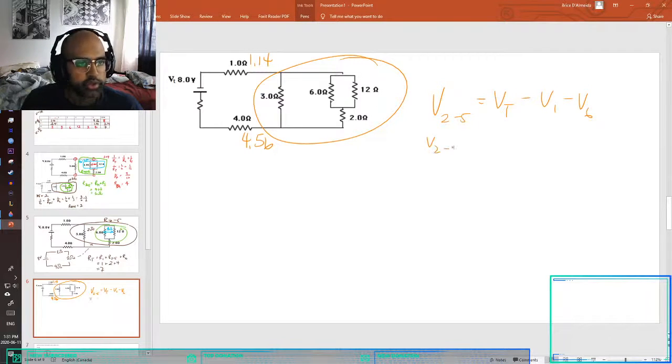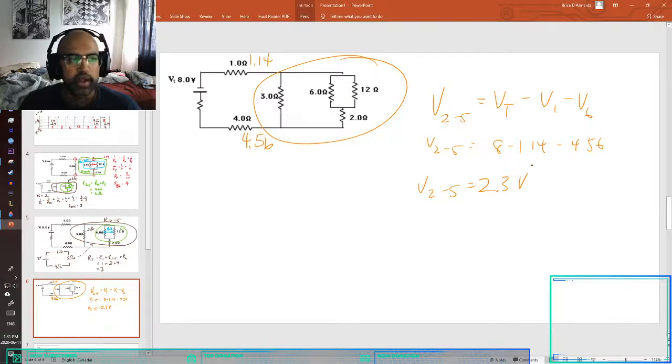So V 2 to 5 is 8 minus 1.14 minus 4.56. That's the same as 8 minus 5 times 1.14. I'm getting 2.3. So the rest of the circuit, V 2 to 5, gets 2.3 volts.